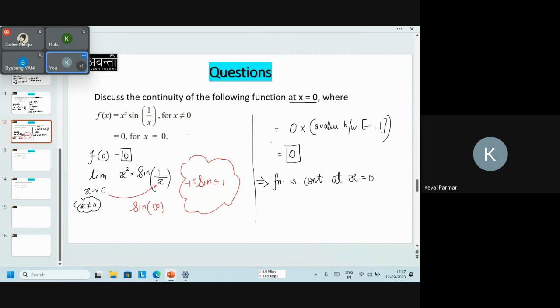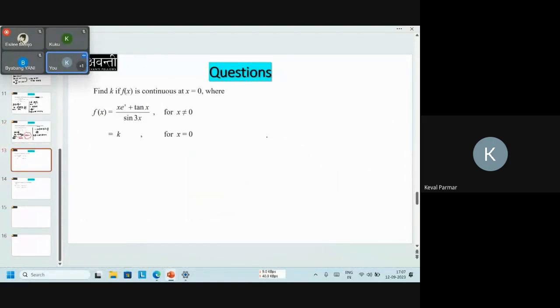Chalo. Now, if this is clear, let's move on to the next part. Next part means next question. Now only questions are left. This is another type of question which they can ask, saying that the function is continuous, then find some value of constant. So here they are saying find k if function is continuous at x equals 0.